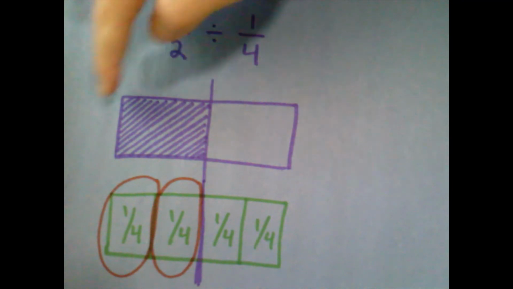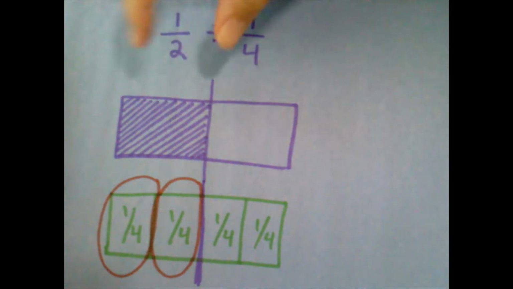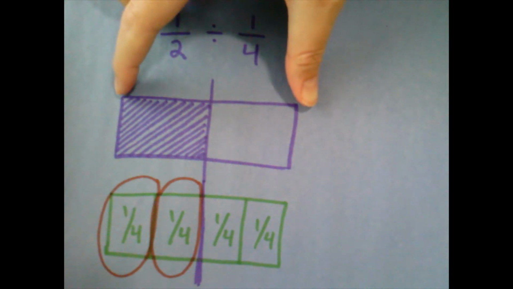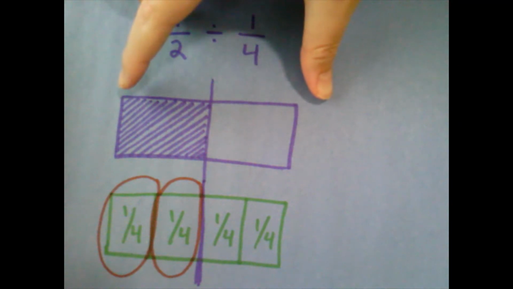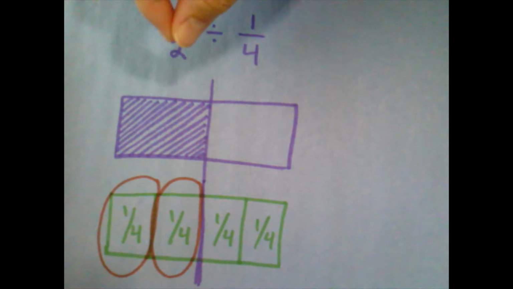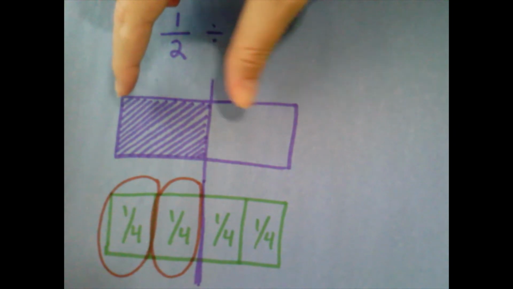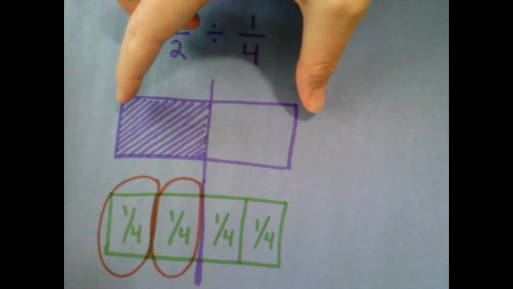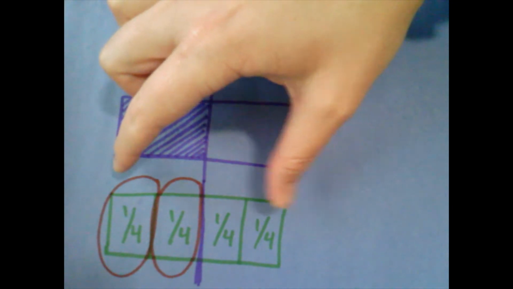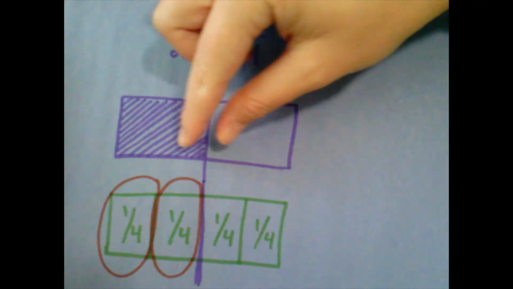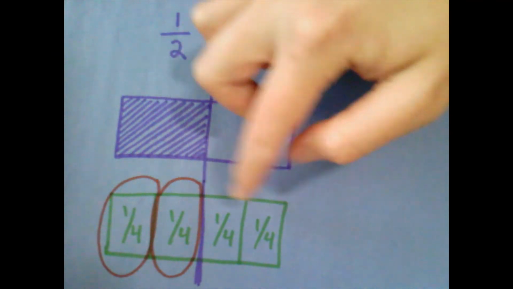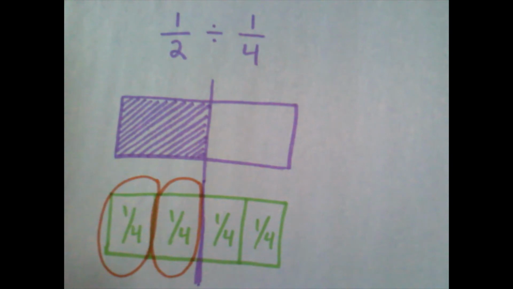So I went ahead and drew a bar model to represent 1/2. If this is one whole, this would be 1/2 of our whole. Now, if we took that same length and brought it down here and broke it into fourths, we have 1, 2, 3, 4 1/4 pieces to equal a whole.